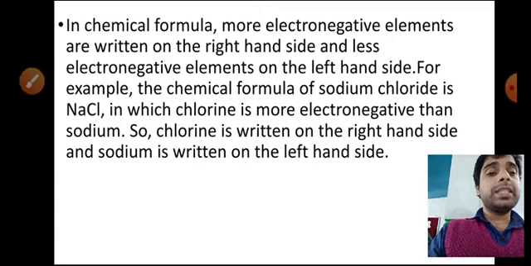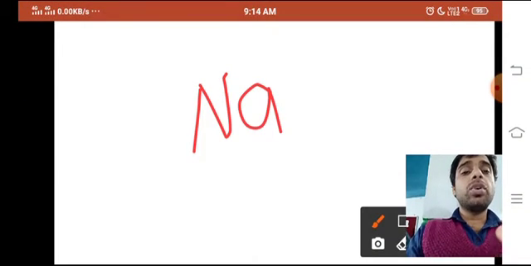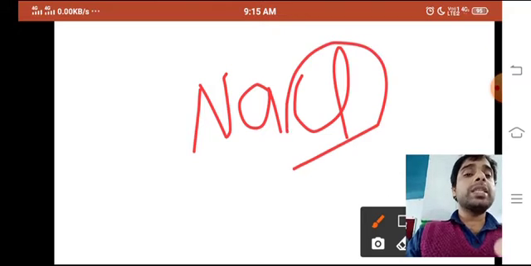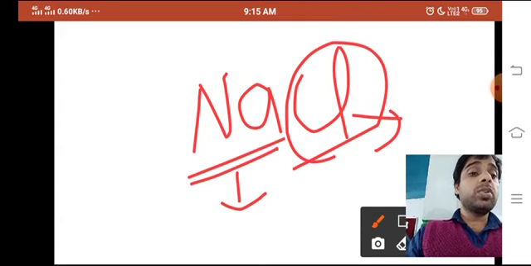If I take an example, NaCl: Cl is more electronegative as compared to Na. Na is less electronegative, it is electropositive. Chlorine accepts, gaining the electron, and that's why it is more electronegative.